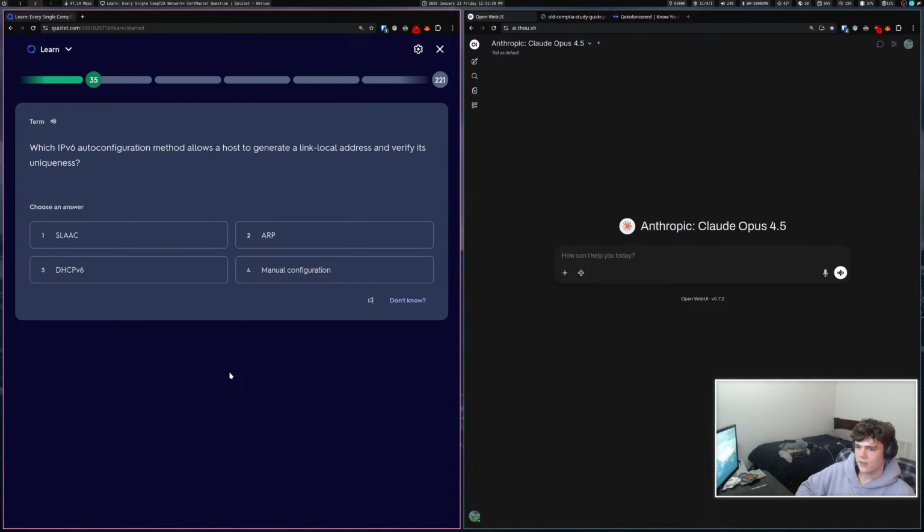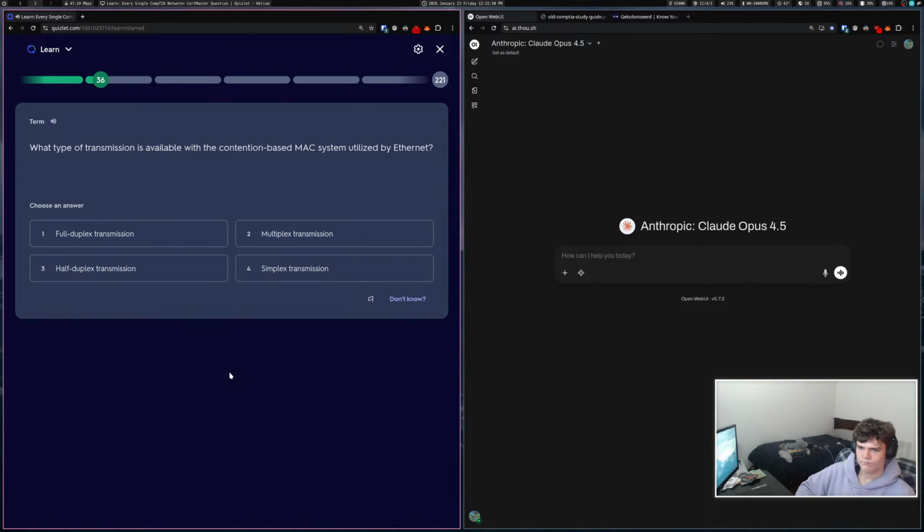Which IPv6 auto configuration method allows a host to generate a link local address? And is it SLAAC? What type of transmission is available with the contention-based MAC system used by Ethernet?